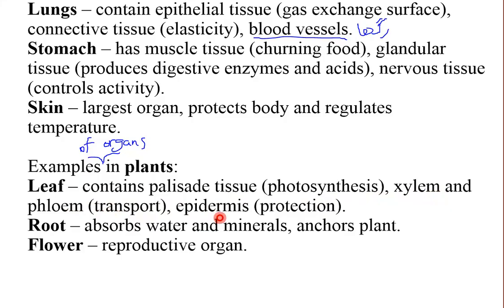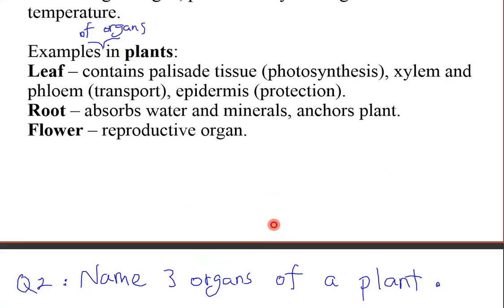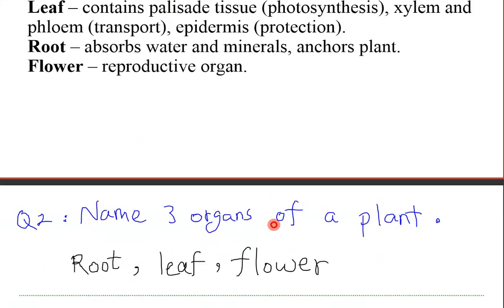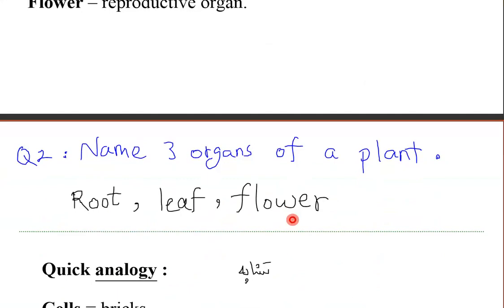Epidermis, okay. Roots absorb water and minerals, anchor plants. Flower is the reproductive organ of the plants. Okay, so there's a question here. Name 3 organs of a plant. We can say roots, leaf, and flower.